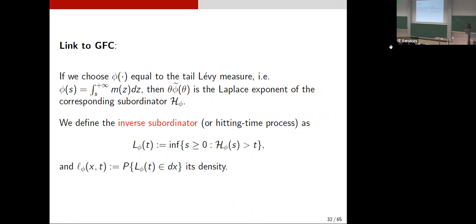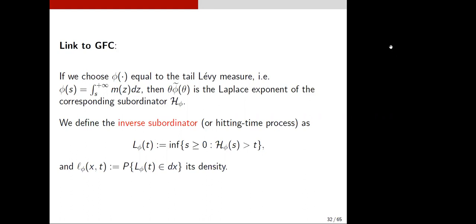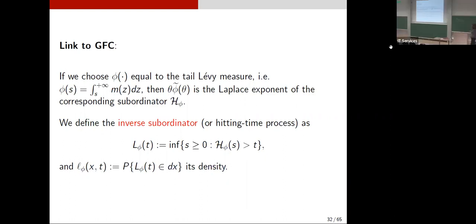So if we choose this kernel equal to the tail of the Lévy measure of a subordinator, then the Laplace exponent of the corresponding subordinator will be this quantity here, the Laplace transform of phi multiplied by theta. And this is crucial for us, as I will show you in a minute.